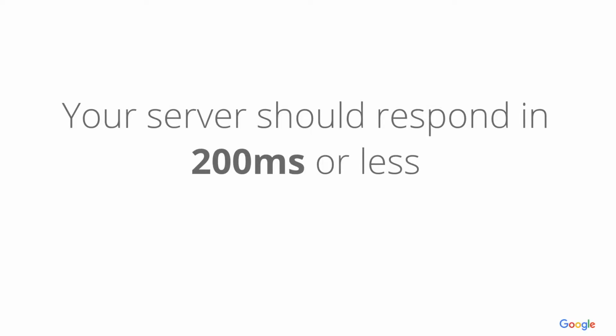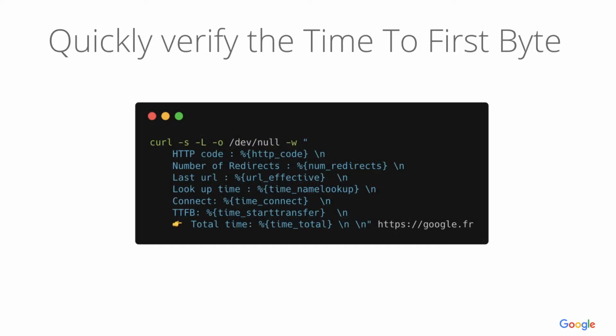In terms of speed, your server should respond in 200 milliseconds or less. To measure that, the way I like to do it is through curl. This is a curl command that will give you the time to first byte.